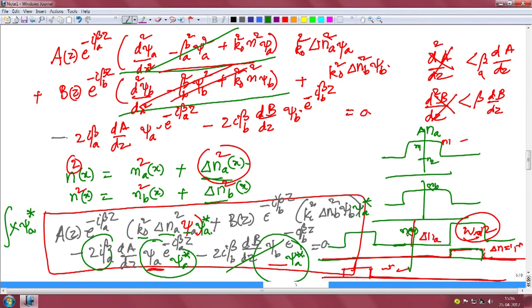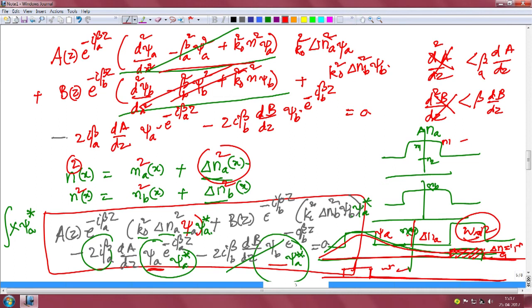So, in the case of KAA, we have the mode field psi A, once again one more psi A because we have multiplied there, and the delta n A which is in this region.